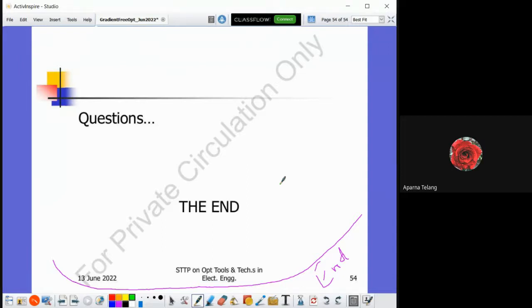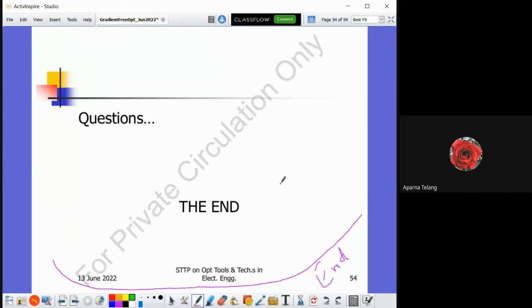It is well said that theory without practice is empty and practice without theory is blind. Your session was a great fusion of theory as well as practice, especially in the MATLAB tool.